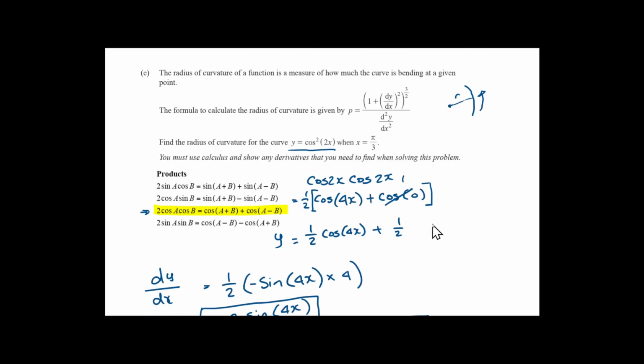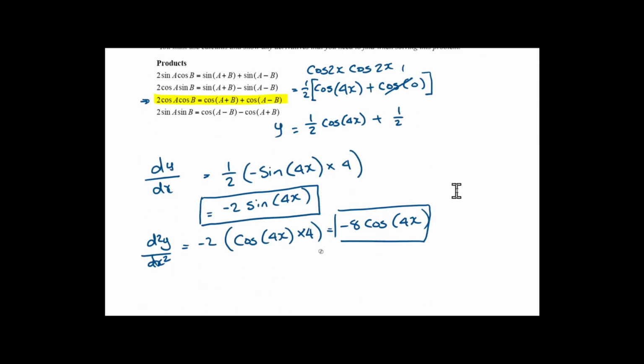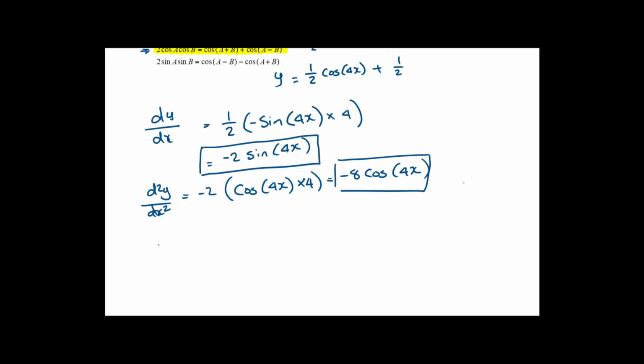So we need to find dy/dx when x equals that, and d squared y/dx squared when x equals that. So x equals pi over 3. So dy/dx evaluated when x equals pi over 3 is going to be negative 2 times sine of 4 pi over 3.